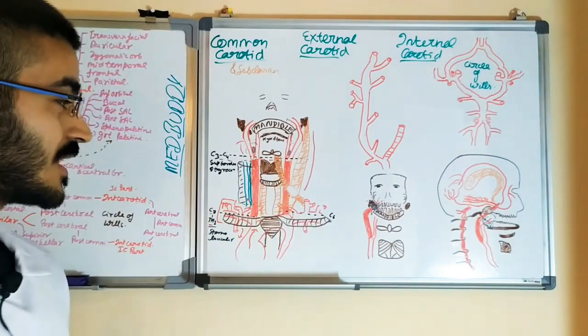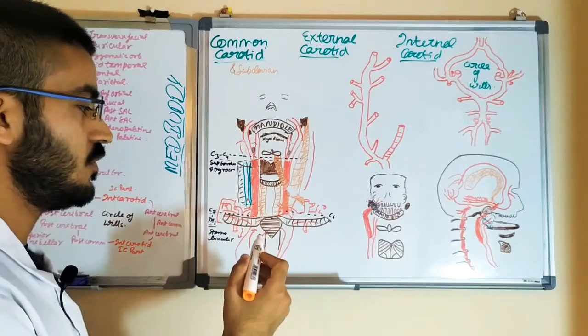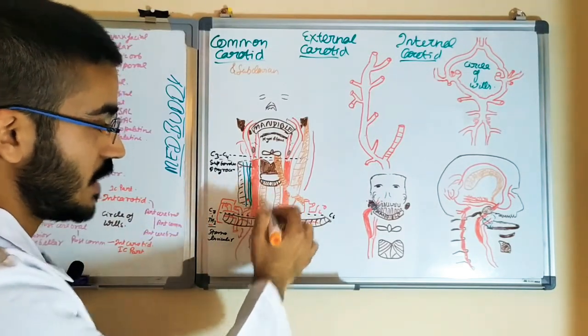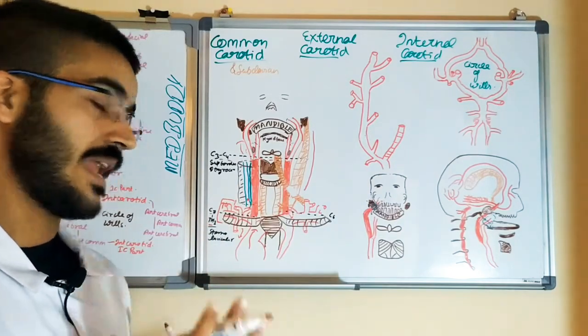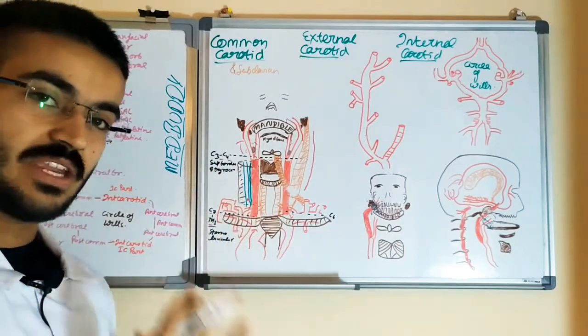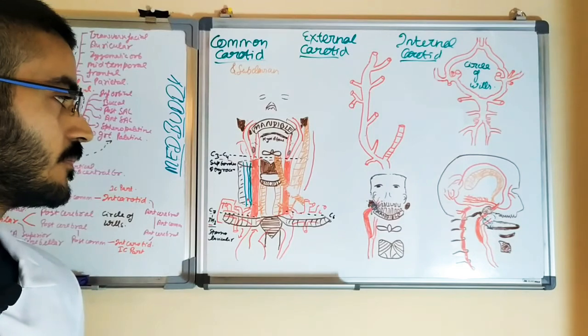And other muscles such as the strap muscles, sternohyoid and sternothyroid, are lying posteriorly and in the medial region of this common carotid artery.